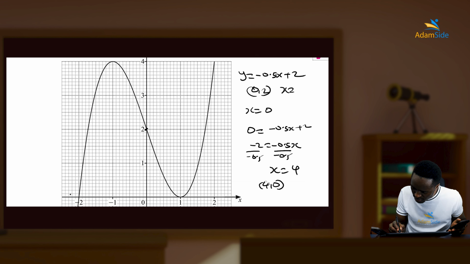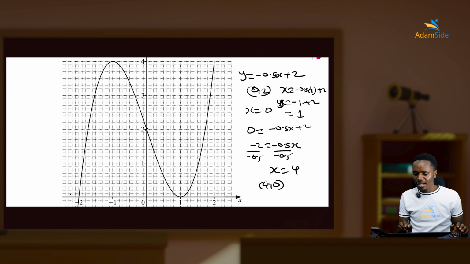At x is equal to 2, what do you get? y is negative 0.5 times 2 plus 2. Negative 0.5 times 2 is negative 1, plus 2 is 1. So we have 2, 1.